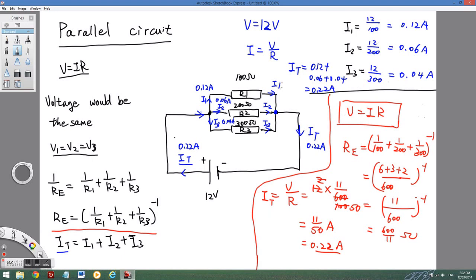Now, the other thing I would like to show you is the idea of the equivalent resistance. Because we found the equivalent resistance is 600 on 11 ohms, sometimes engineers or scientists can rewrite this circuit in a simple form.